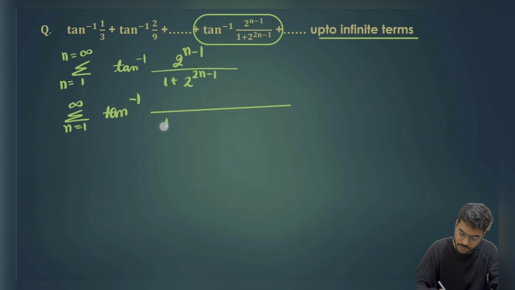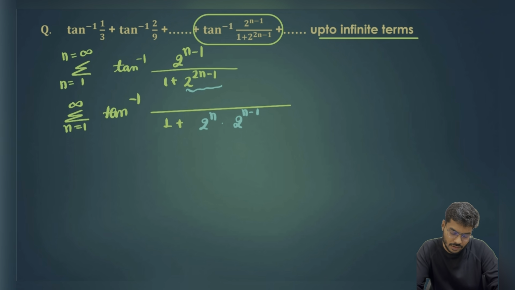One is already present. Can I write 1 plus 2 to the power of 2n minus 1 as 2 to the power of n into 2 to the power of n minus 1? Why write in this format? Because if you notice, the numerator is 2 to the power of n minus 1, right?